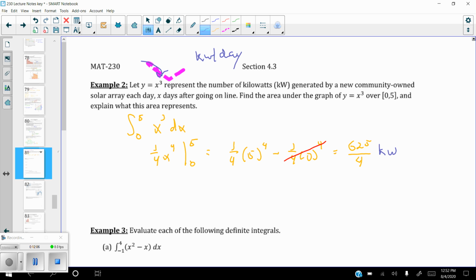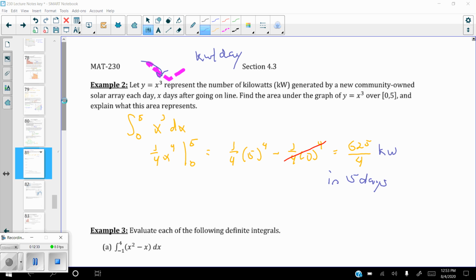We have just accumulated or added up the total number of kilowatts used from 0 to 5 days. So we've just used 625 over 4 kilowatts in that 5-day span. That's what that actually means.